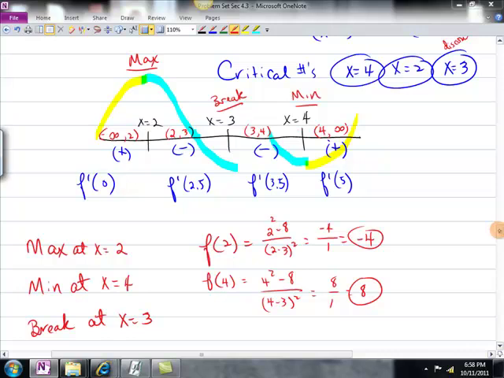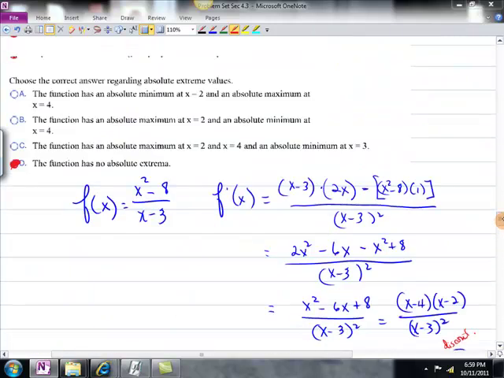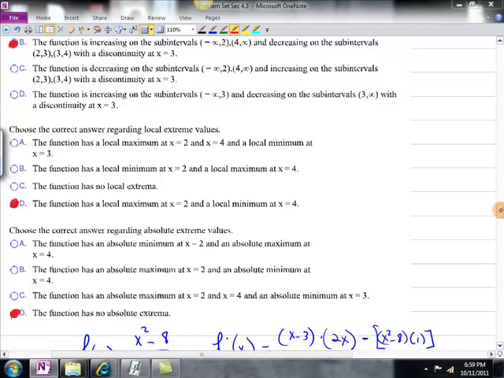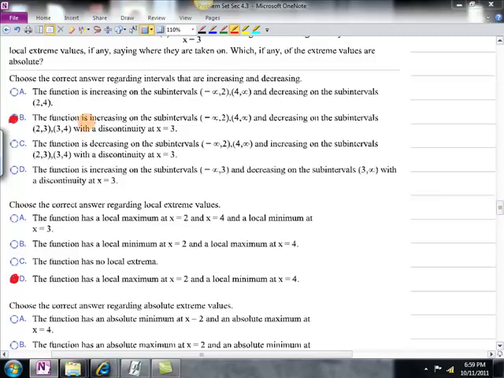Are we good? If we go back up here, it asked where was the local max. It was at x equals 2, and the local min was at x equals 4. It wanted to know absolute values. There weren't any, because if you put it in, you'll see that. Where is it increasing and decreasing? It was multiple choice, but we already have that picture.